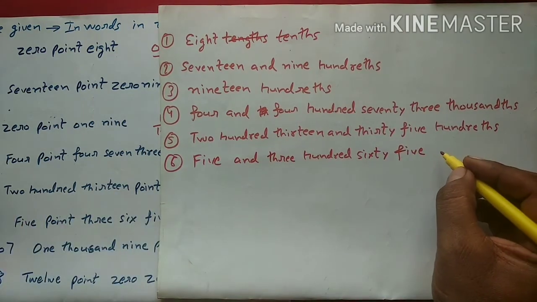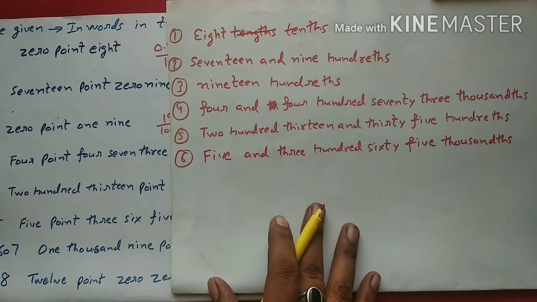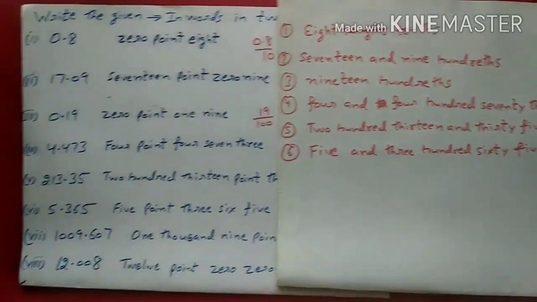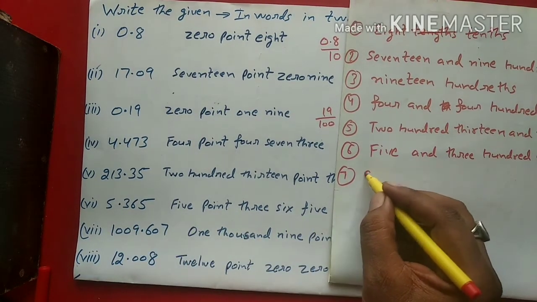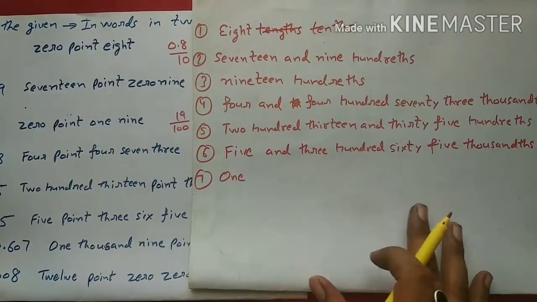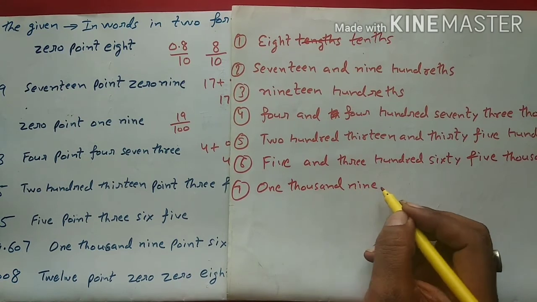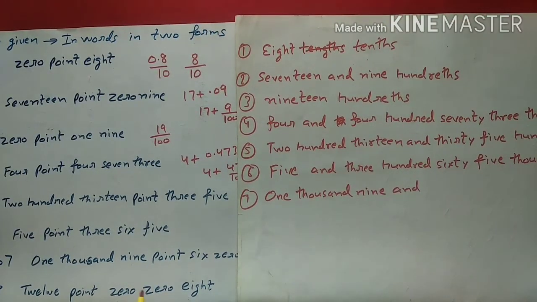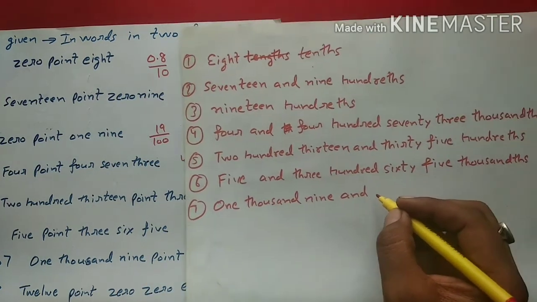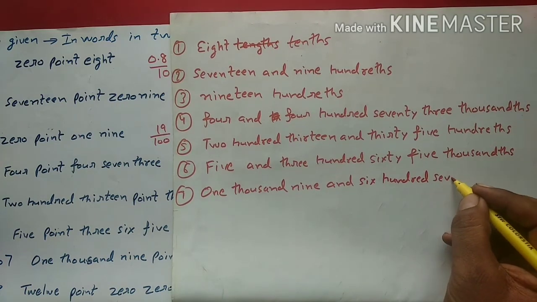Okay student, now we are on question number 7. It is 1009 and 607 thousandths.